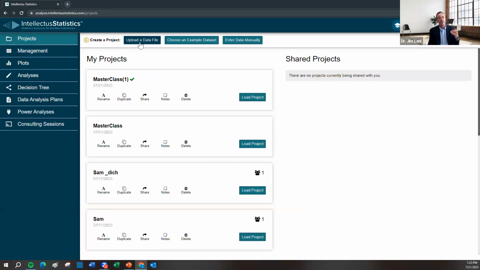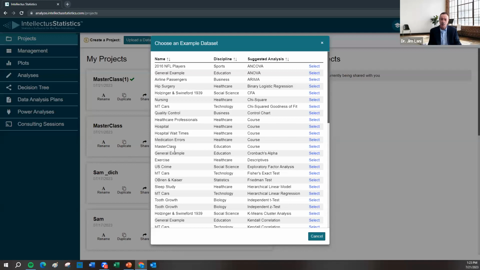If anyone's having difficulty uploading their data, please put that into the chat or into the Q&A, because you're probably not alone and we want everyone to follow along. All righty. For everyone else that does not have data, we're going to get data in using an example data set. So let's go to choose an example data set. What we want to do is go to the master class.